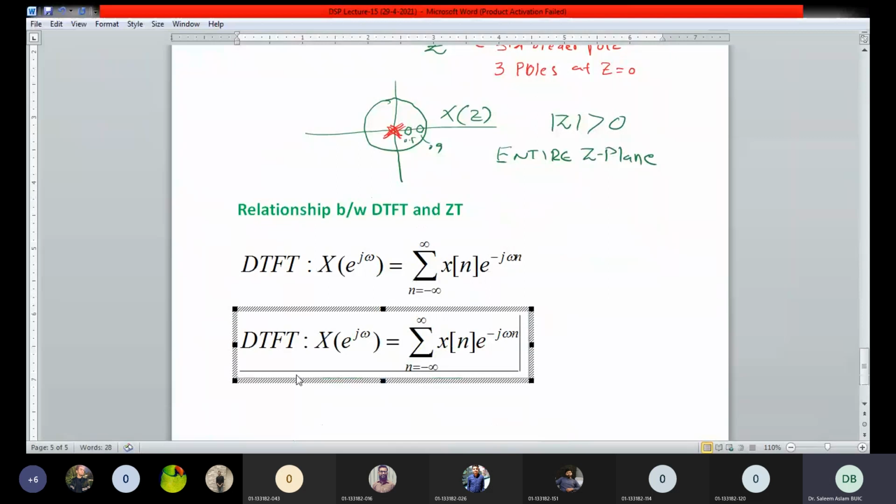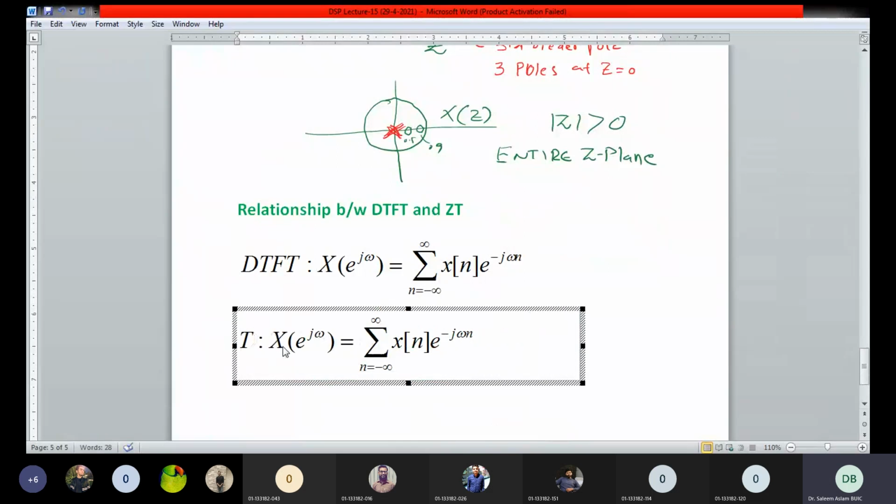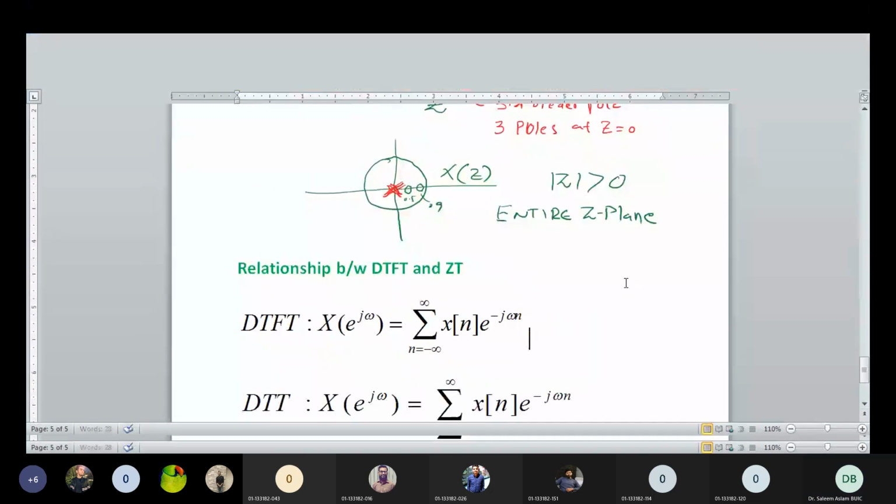And if you talk about Z transform, this is X of z, and this is equal to the summation of x of n, and replace this as z to the power minus n. Agree?